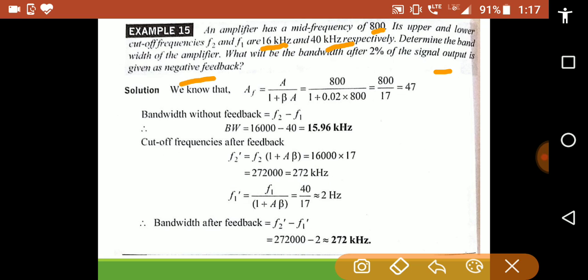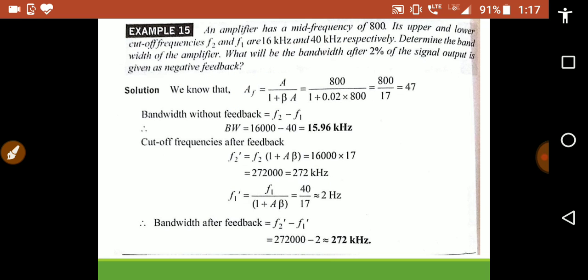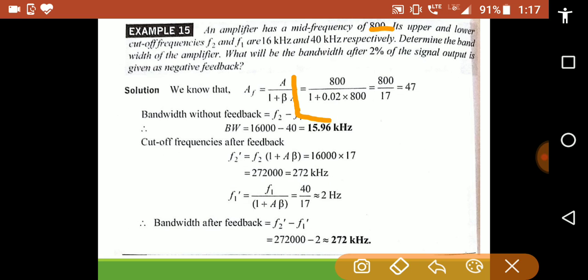So here we know that AF equals A divided by 1 plus beta A, with A equal to 800. So AF equals 800 divided by 1 plus 0.02 into 800, equals 800 divided by 17, equals 47. So gain with feedback is equal to 47.